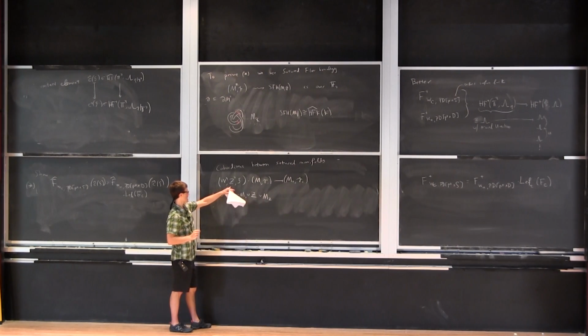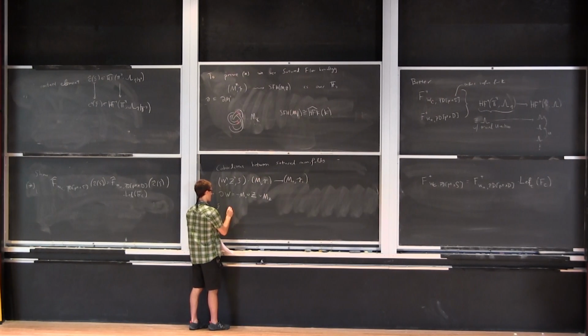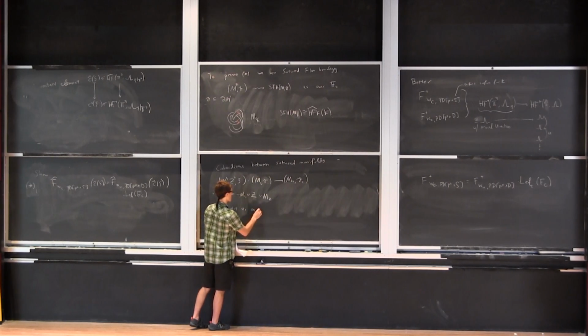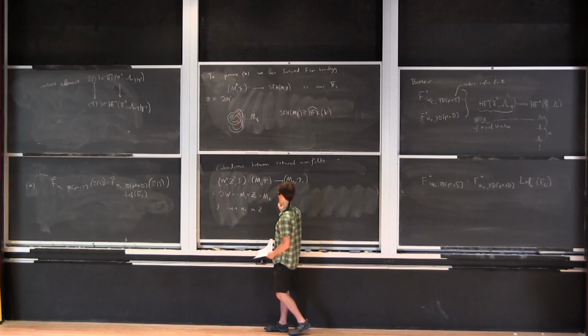And Z is a 3-manifold embedded in the boundary. It's a codimension 0 submanifold of the boundary. And xi is a positive contact structure on Z. And we want the dividing set of xi to be these sutures.